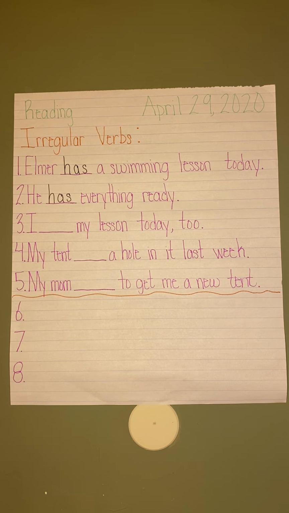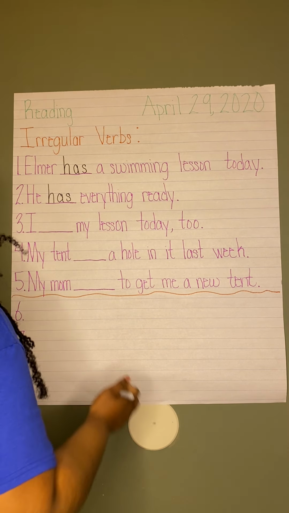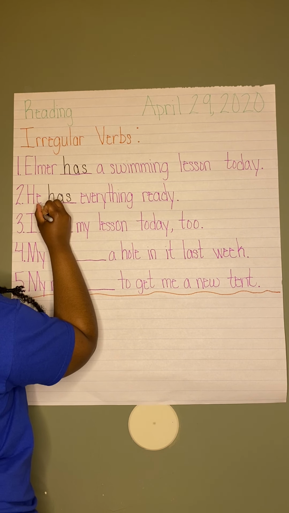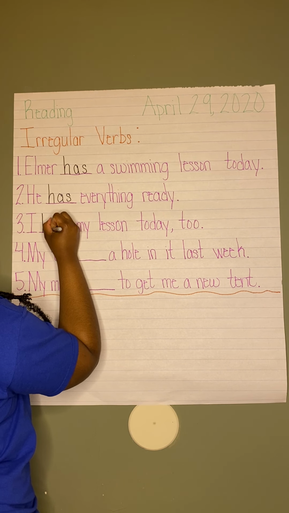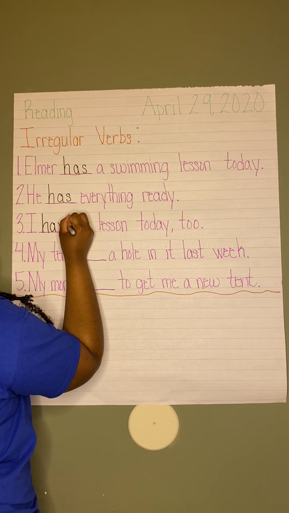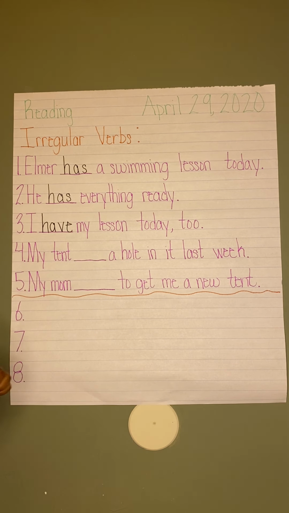Have is correct. I have my lesson today too. So you're going to circle the word have, and then rewrite the sentence with the word have in it. So your sentence should read, I have my lesson today too.